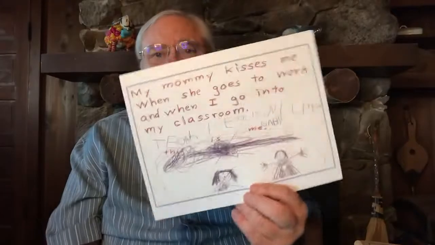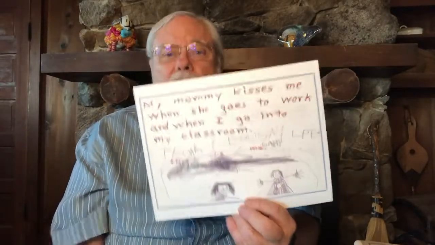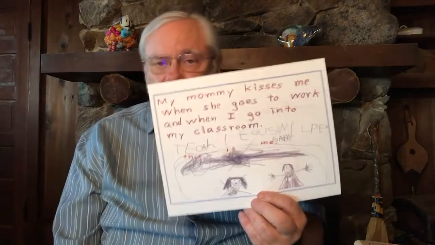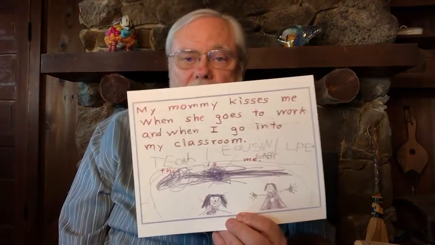Another child on that same day also wrote some letters. And so that I thought was wonderful. We held it up and said, "Look, she didn't wait for me to come. She wrote all by herself. Now, can you read it to me?" And she says, "That says, 'My mommy kisses me when she goes to work and when I go into the classroom.'" So I wrote the way it would look in a book.